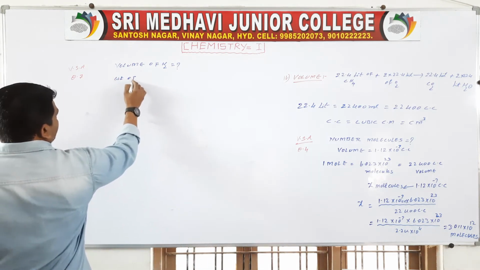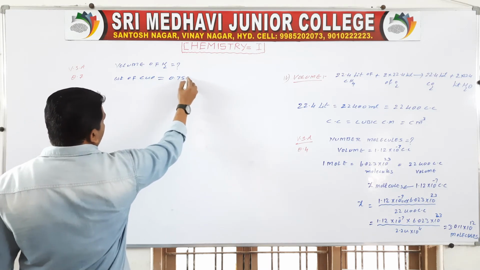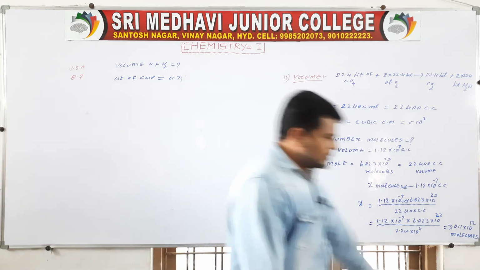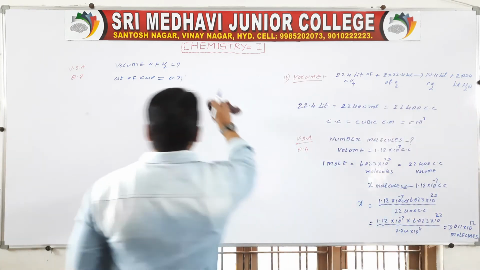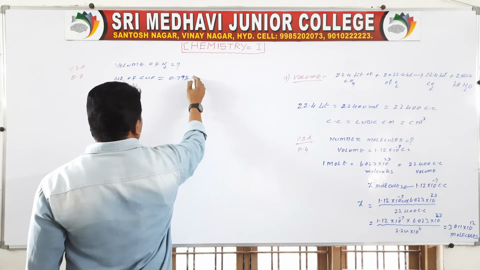We have to calculate the volume of H2. So the weight of CuO is equal to 0.795 grams.